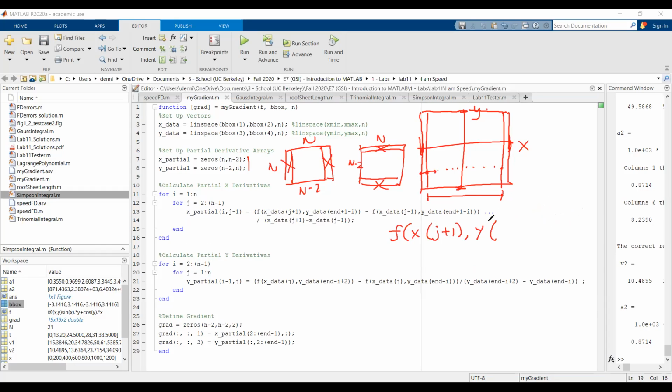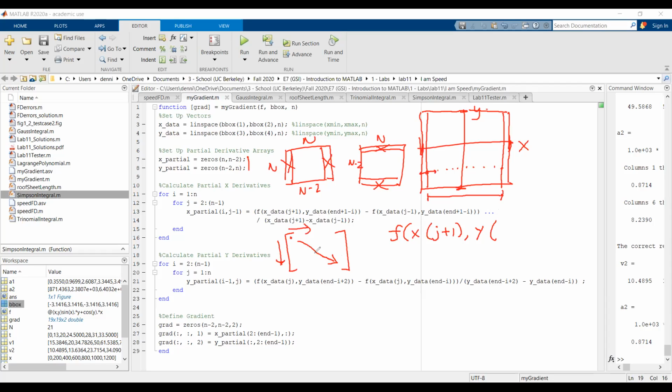And this is what I wanted to tidy up, because the reason we're doing n plus 1 minus i is we're doing the y in reverse. The reason is, normally when you make a matrix, you're going from top left, down the rows and across the columns.